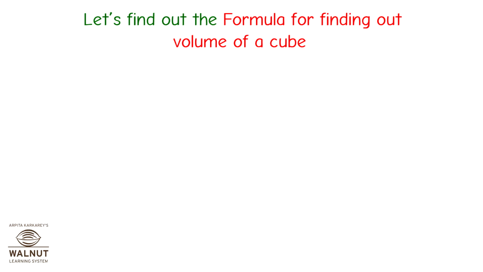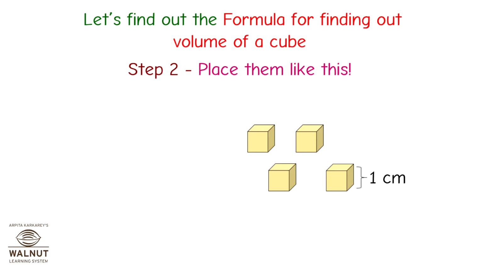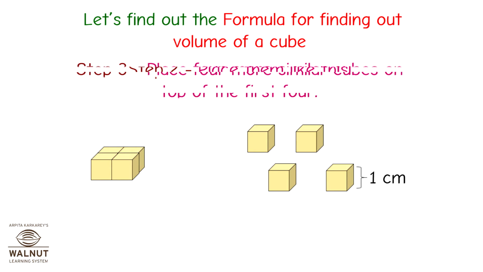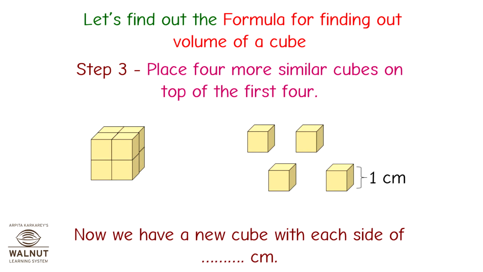Let's find out the formula for finding out volume of a cube. Step 1. Take 4 cubes of side equal to 1 centimeter. Step 2. Place them like this. Step 3. Place 4 more similar cubes on top of the first 4. Now we have a new cube with each side of 2 centimeters.